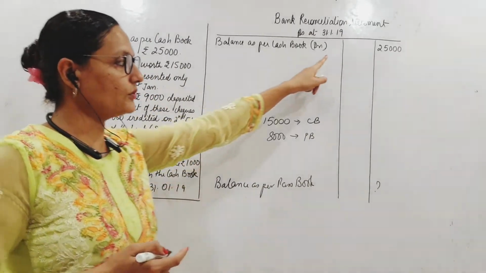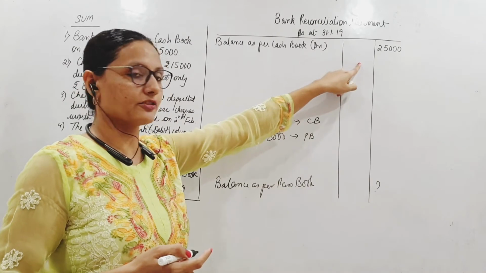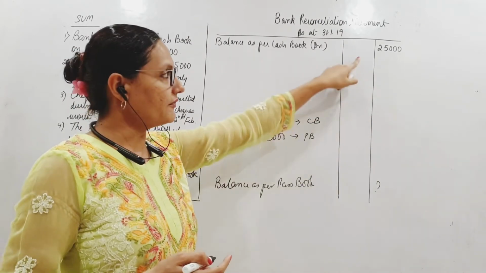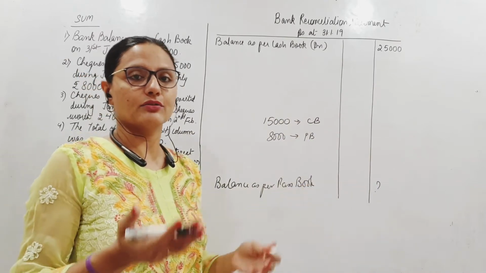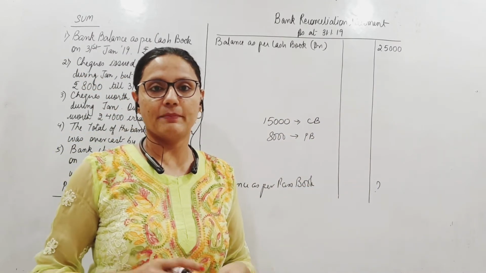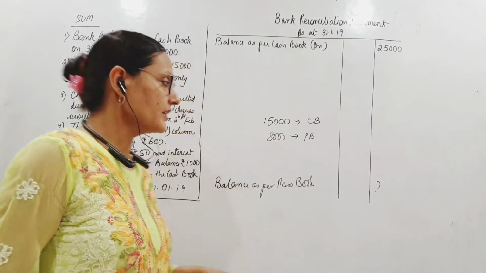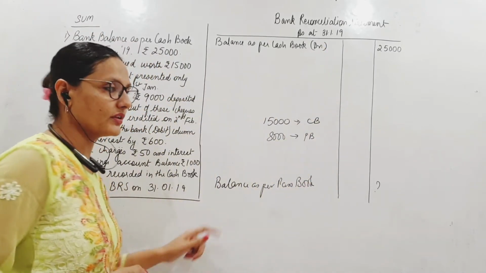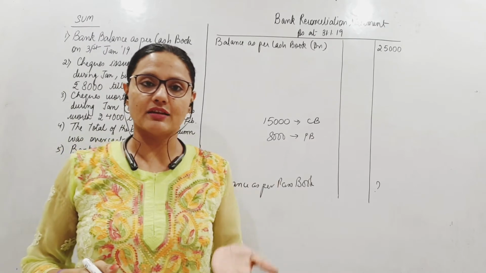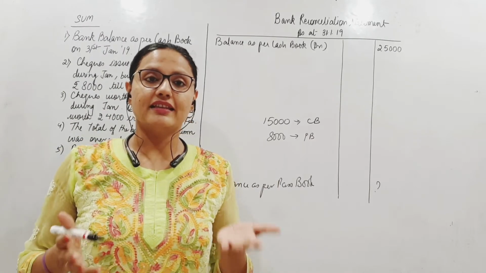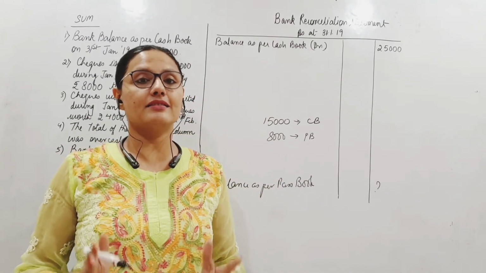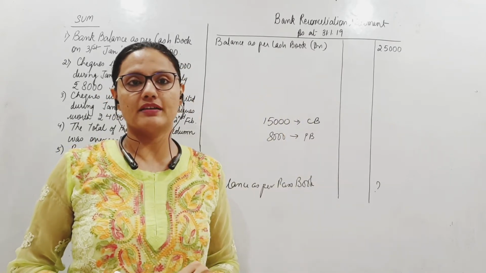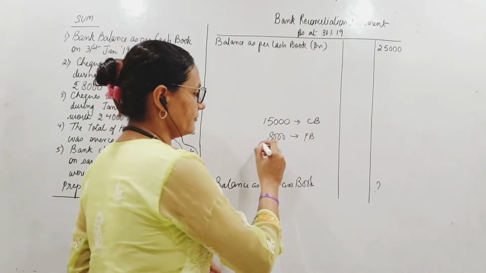I either need to add something to the cash book balance to come from cash book to passbook, or subtract it, because either this is less or more, depending on what has gone wrong. What will happen here? Cash book balance reduced by 15,000, but passbook balance reduced only by 8,000, right? Therefore, my passbook balance is still 7,000 more than the cash book balance. 7,000, the difference between them.